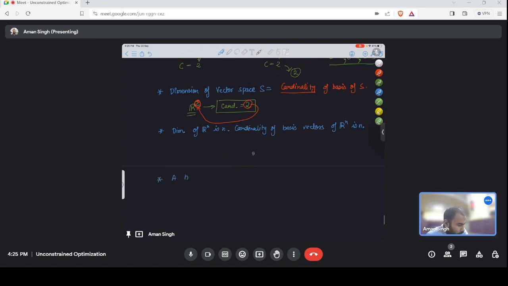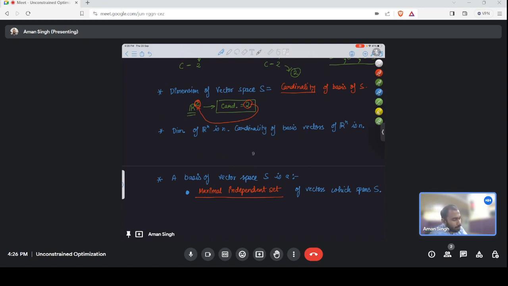A basis of vector space S is called a maximal independent set of vectors which spans S. So we talked about this a little bit earlier.